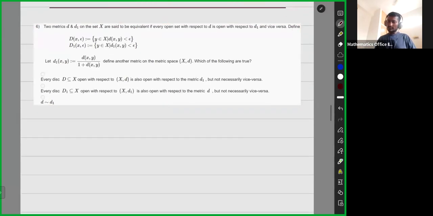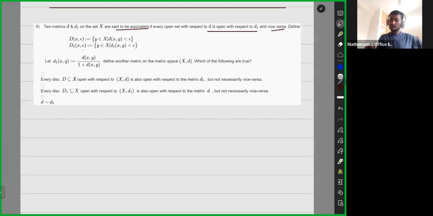In problem number 6 we are given two metrics d and d1. We say these two metrics are equivalent if every open set with respect to d is open with respect to d1, and vice versa.